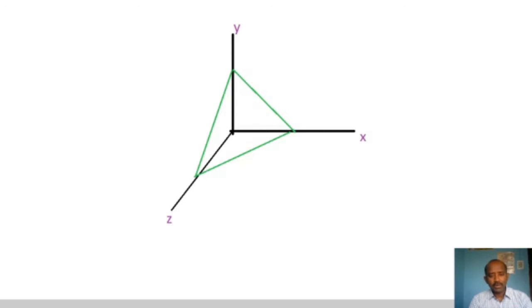So we have drawn some planes here. We represent a point in blue color, which is nothing but the distance between the two planes. We take this as small d.